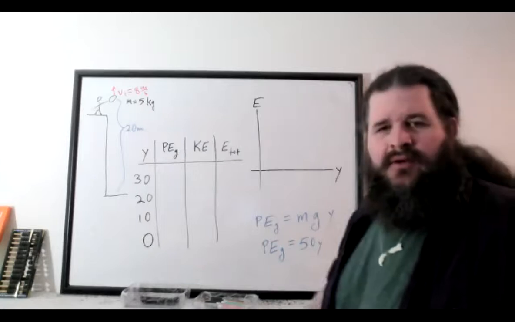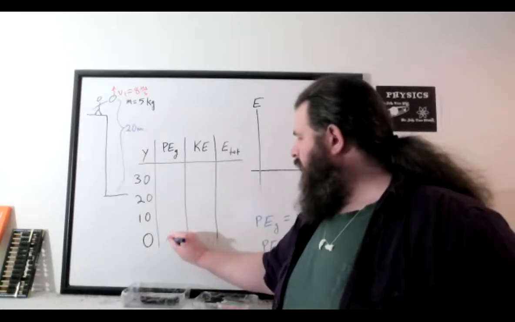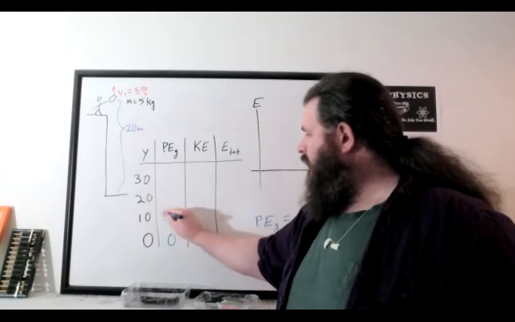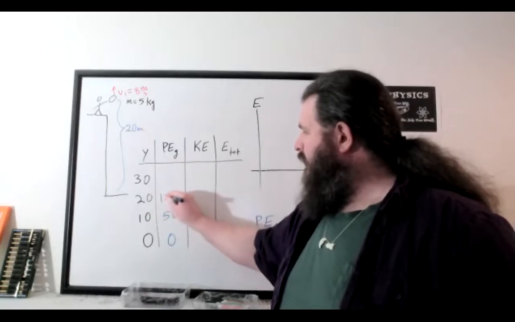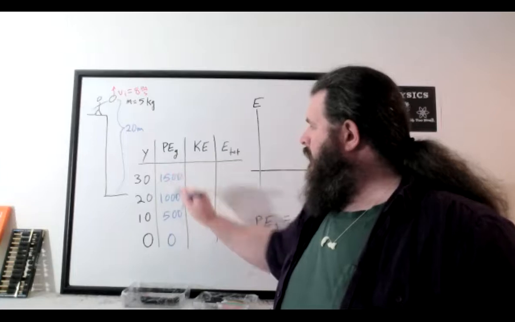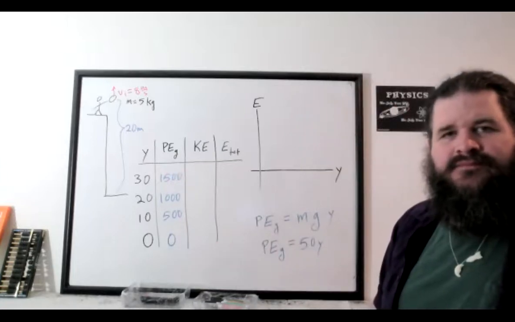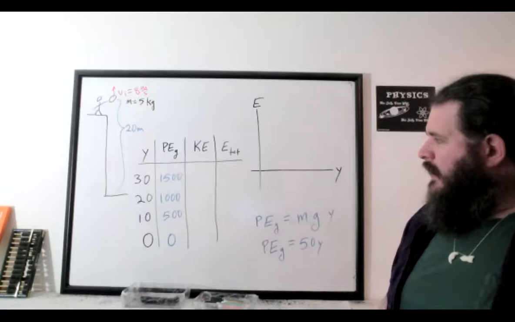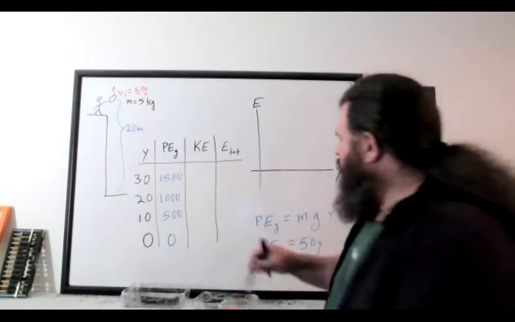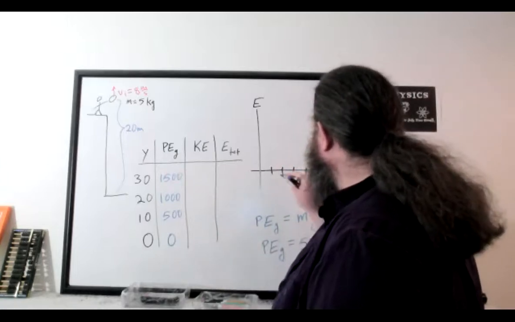Which means all we need to do is multiply each one of these heights by 50. 0 times 50 is 0, 10 times 50 is 500, 20 times 50 is 1,000, 30 times 50 is 1,500. So we've got all these values for potential energy. And we could plot those on the graph. If we just mark off maybe 5, 10, 15, 20, 25, 30.